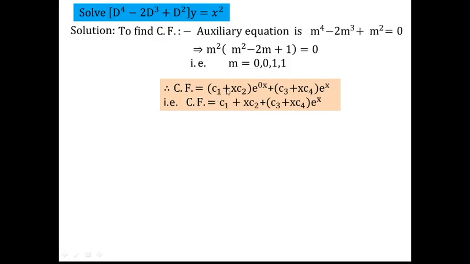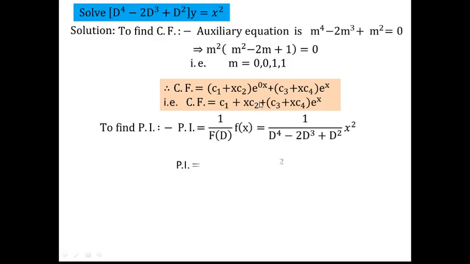So we write C1 plus xC2, e raised to power that repeated value. What is that? 0x. Plus, again the next pair is also repeated and real. So we write C3 plus xC4, and then e raised to power this repeated value. What is that? 1 times x. In this way we will have the complementary function.